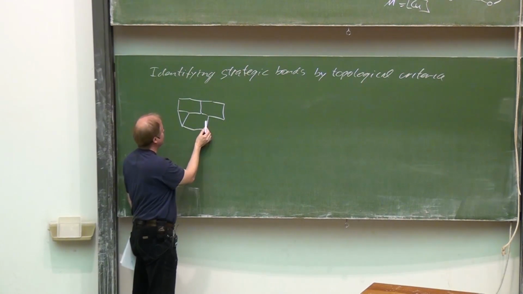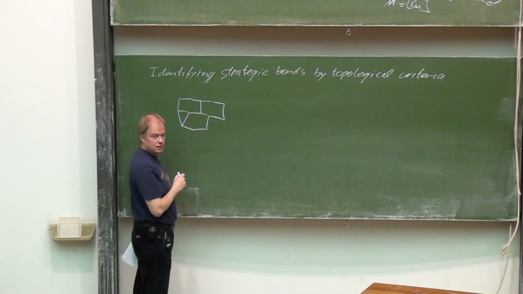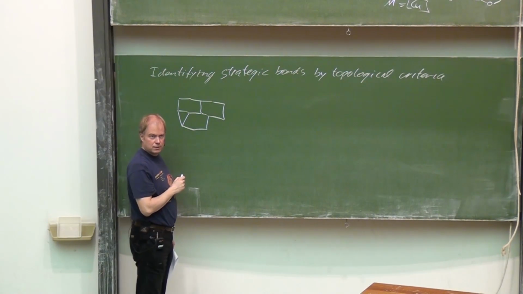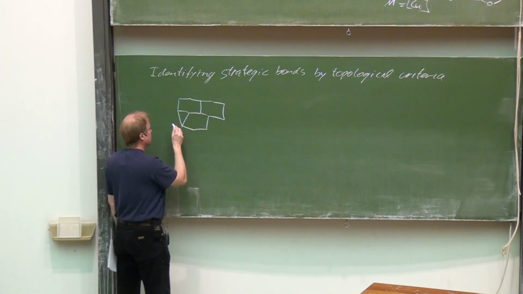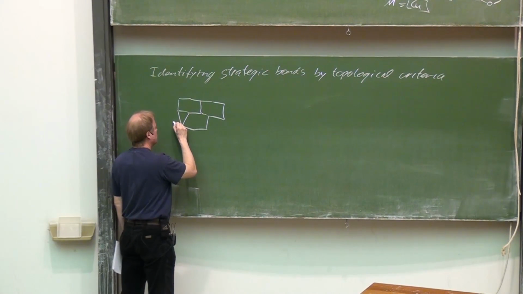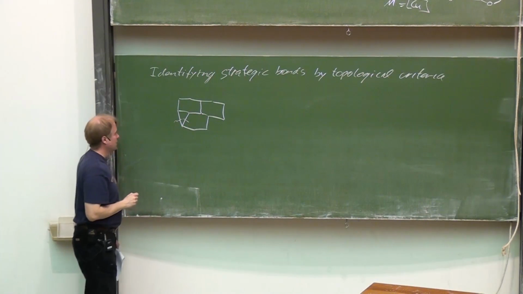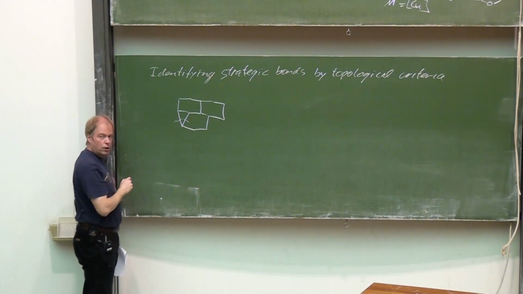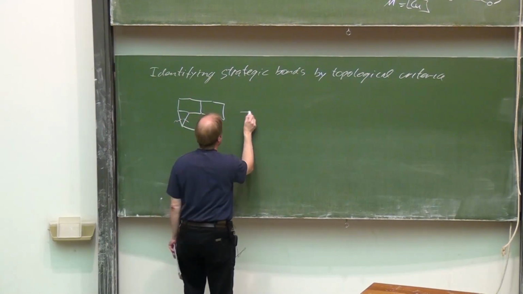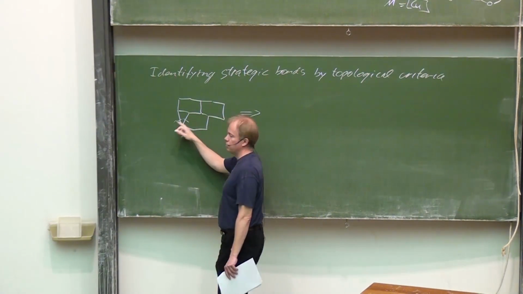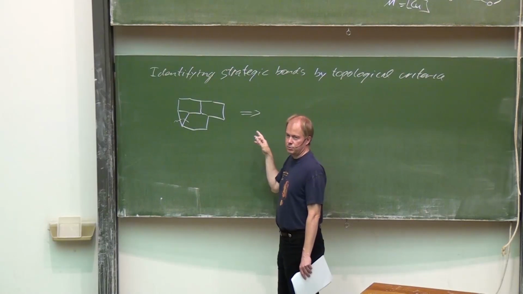Well, we could disconnect here, but then we still have that 3-membered ring. But maybe it's possible to simultaneously form these two bonds, and then it makes sense in our retrosynthetic analysis to break those simultaneously.